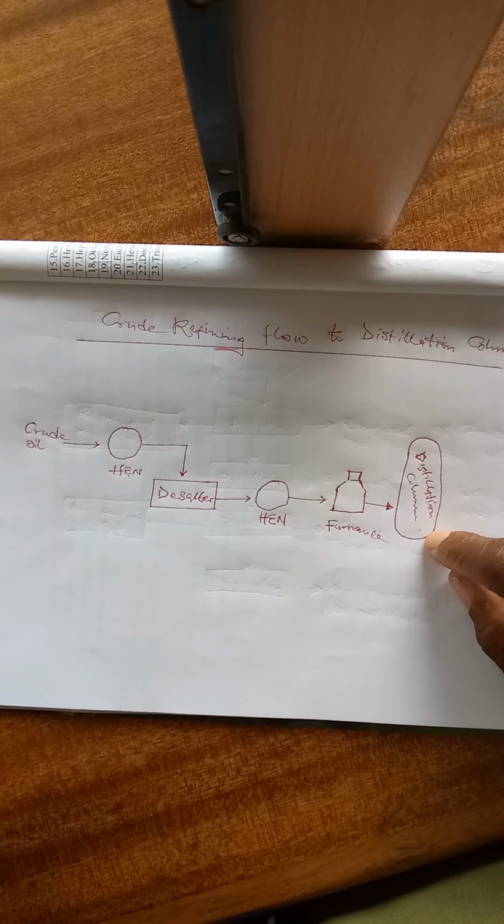Like I said, today we'll be looking into desalting, which is a process that happens at the desalter. From here, we get sour water out, which you can term sour water or salty water, still the same.